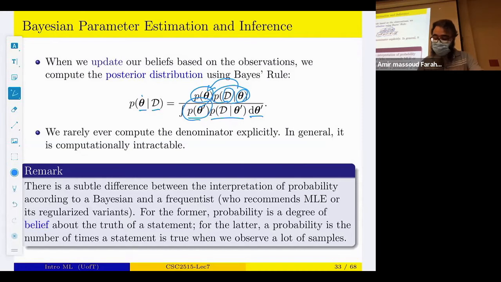For the frequentist, the probability is essentially the number of times that some statement is true when we observe a lot of samples. So what does it mean? For example, we say that the probability of a coin being head is 0.6.